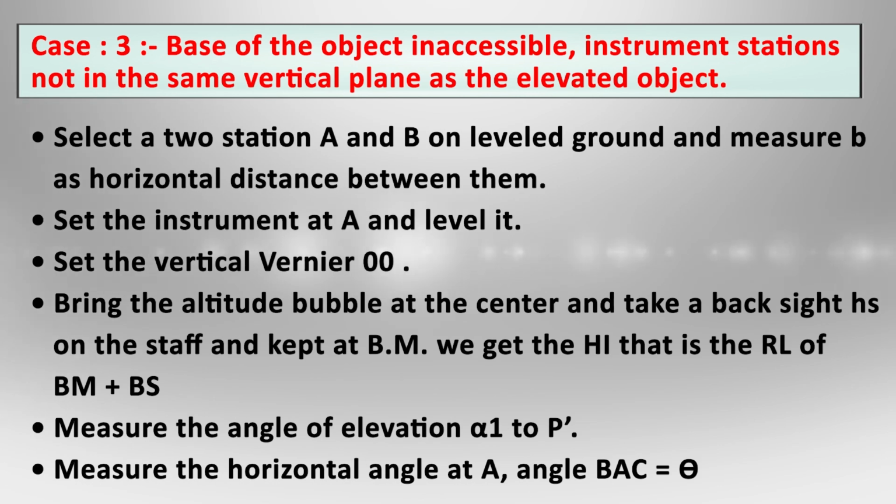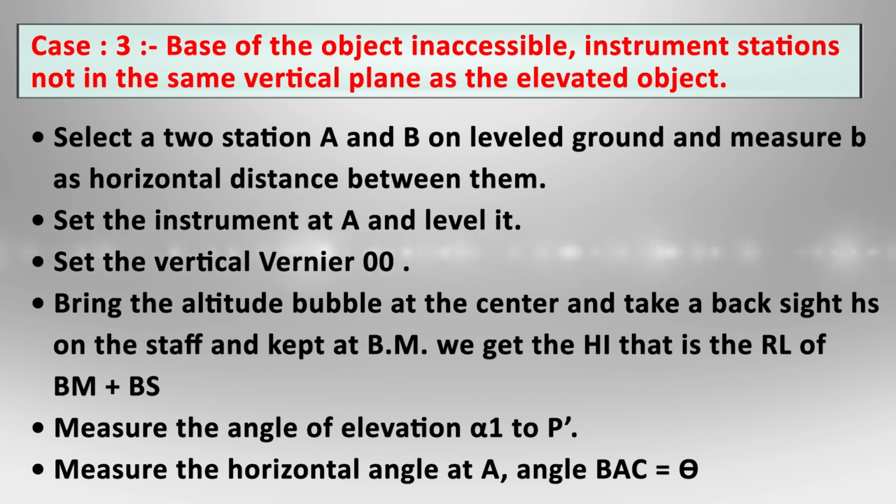So select two stations A and B on level ground and measure b, the horizontal distance between station A and B. Set the instrument at A, level it, set the vertical vernier to 0 degree, 0 minutes, 0 seconds, bring the altitude bubble to the center and take the backsight as HS on the staff held at the benchmark.